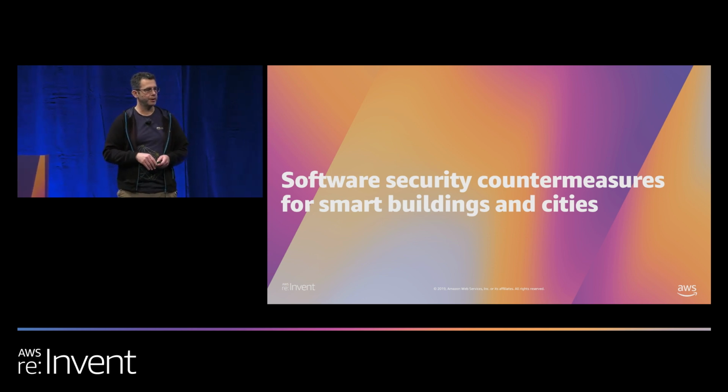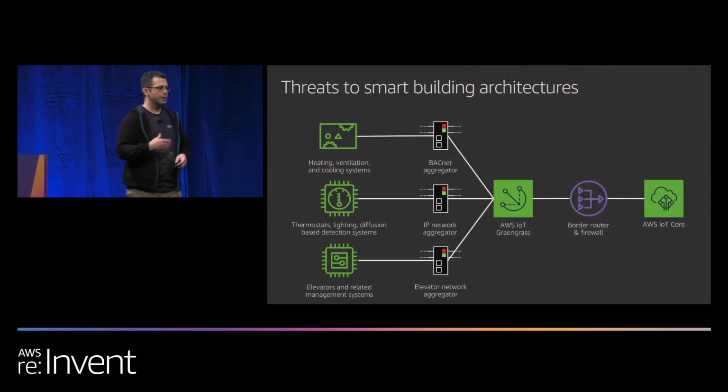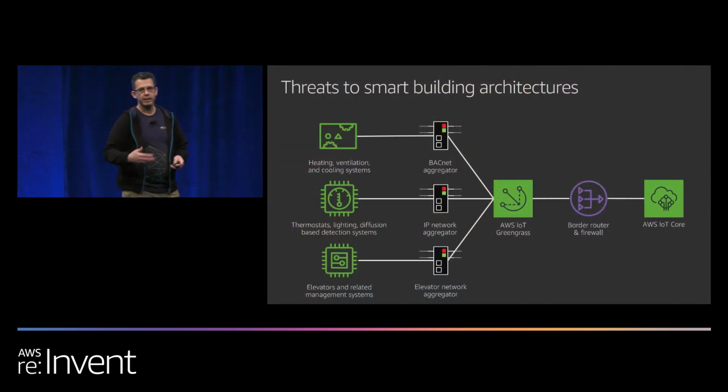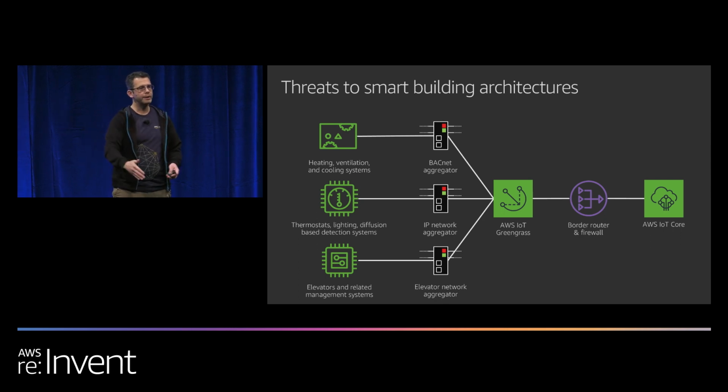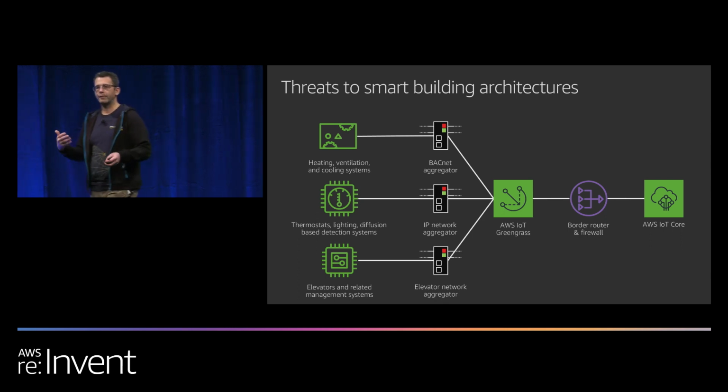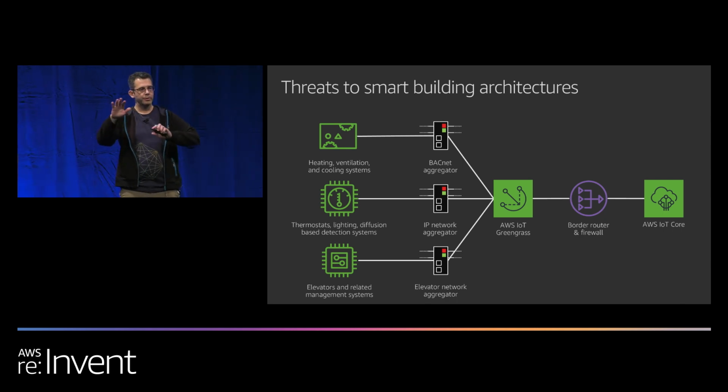So let's go into smart building security issues and countermeasures and what the topology looks like in that case. The topology is actually a little bit similar to industrial IoT. The only difference is that you don't have a lot of those industrial protocols that are so diverse in nature, right?